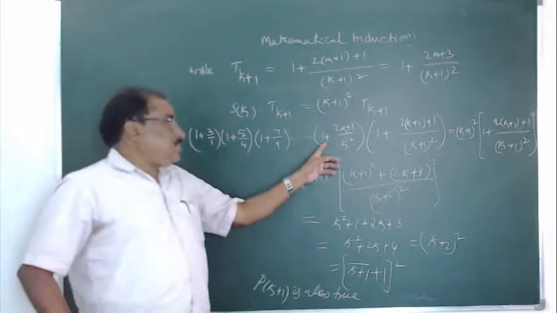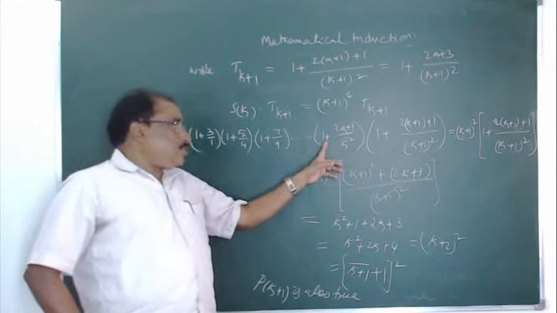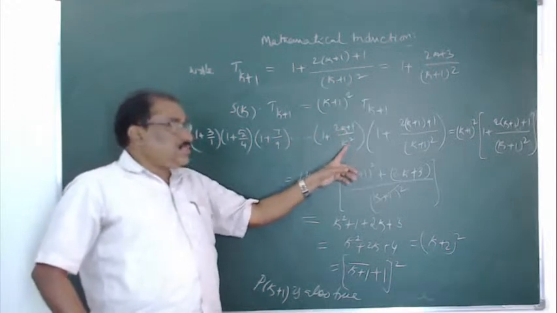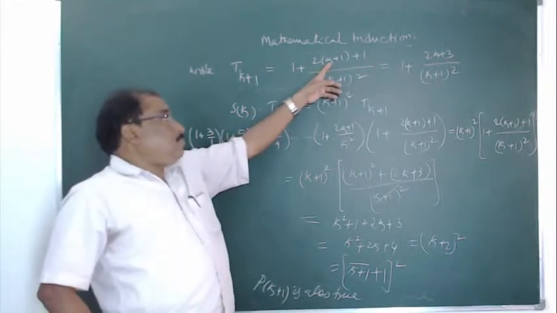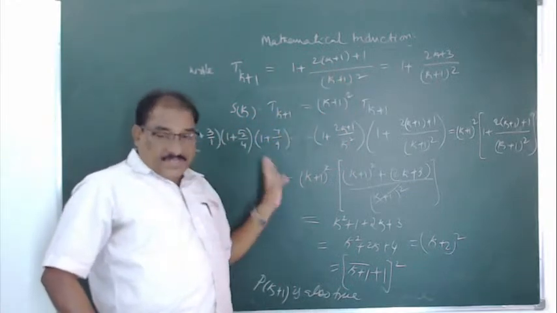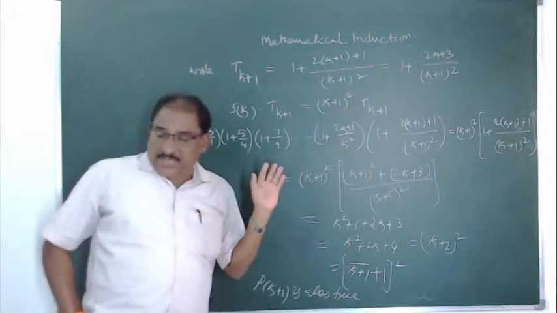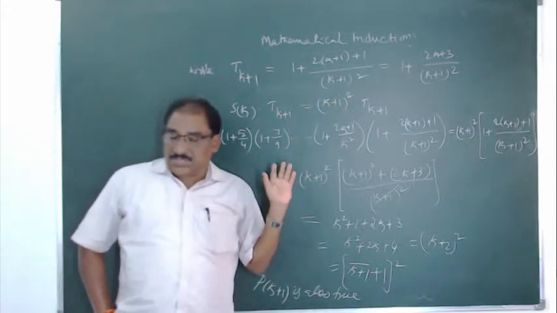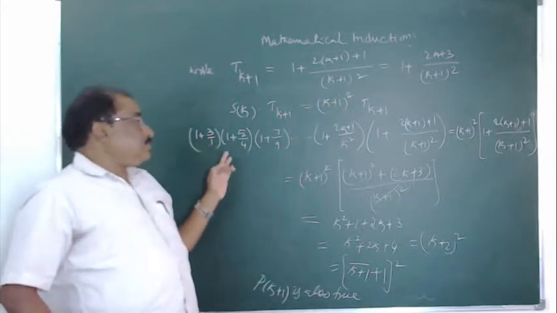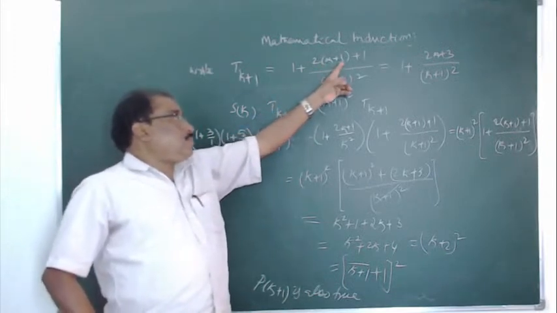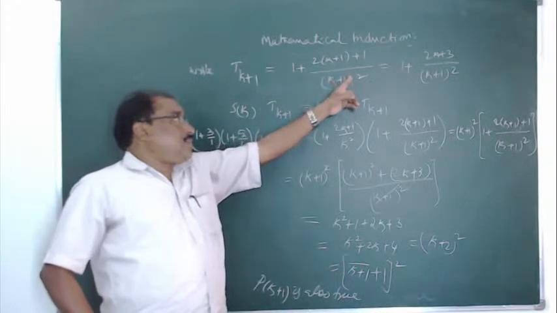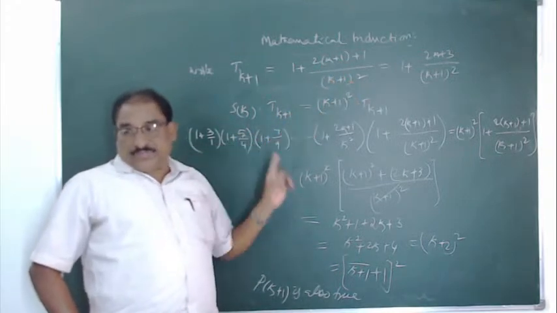The kth term tk is equal to 1 plus 2k plus 1 by k square. The k plus 1th term is 1 plus 2 into k plus 1 plus 1 by k plus 1 whole square. By multiplying it on both sides with tk plus 1, that is equal to 1 plus 2 into k plus 1 plus 1 by k plus 1 whole square.